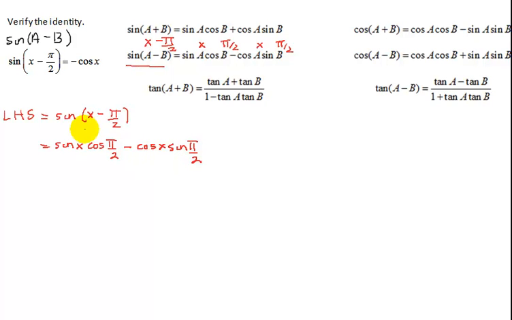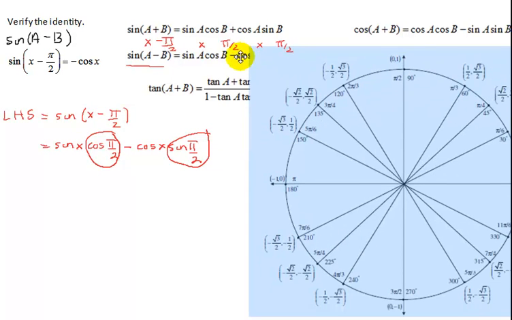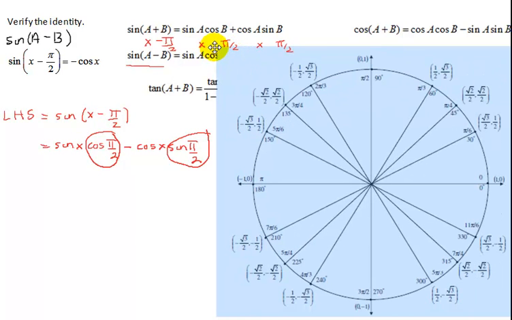So now all I have to do is find what the cosine of pi over 2 is and the sine of pi over 2, and you will find those on your unit circle. So let's see if I can fit my unit circle on here.